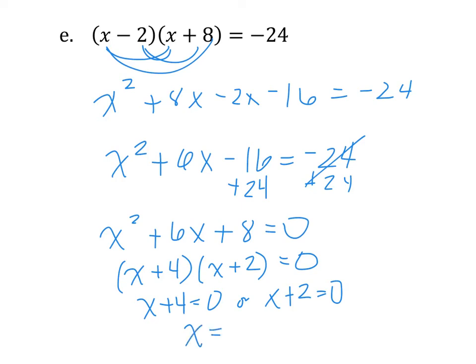My values of x are negative 4 and negative 2. So whenever you have a product of binomials equal to a non-zero, multiply it out, put it in standard form, and factor, and then find your x values.